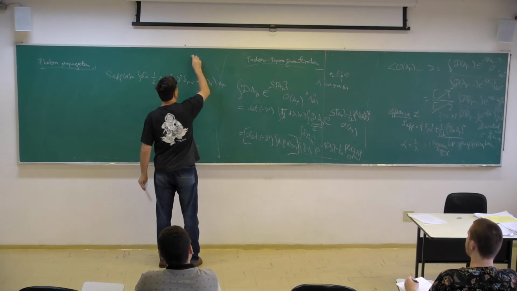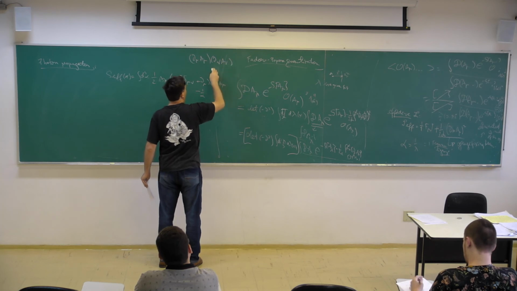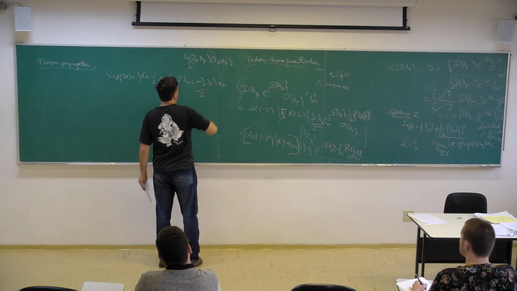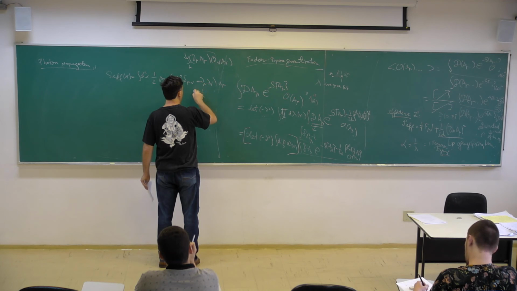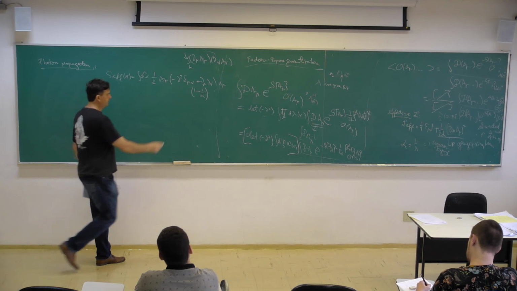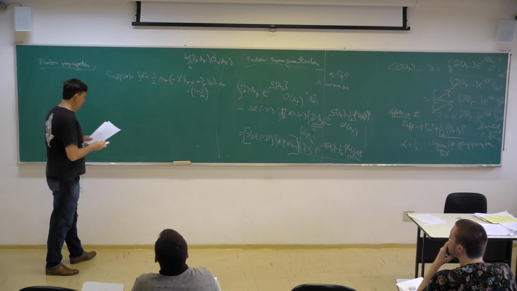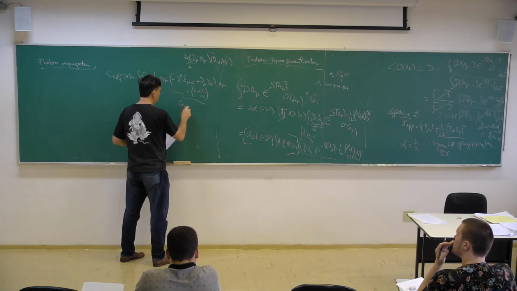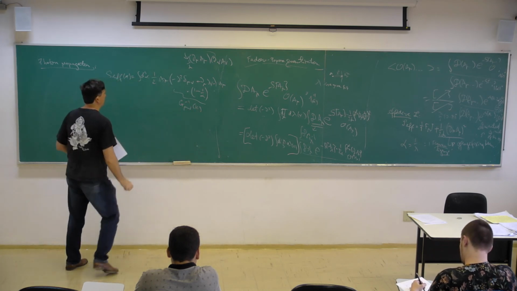I had d_mu A_mu with d_mu A_mu, so when I partially integrate this, I get minus 1 over alpha times the same thing. So in other words, I just put one product of 1 minus 1 over alpha. Okay? And this thing is now the inverse propagator.